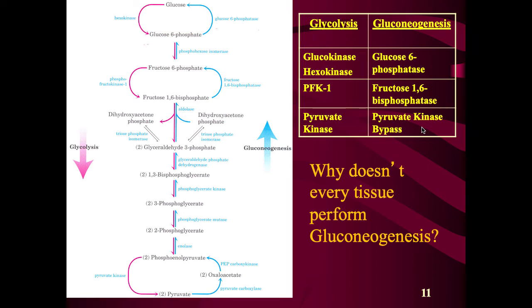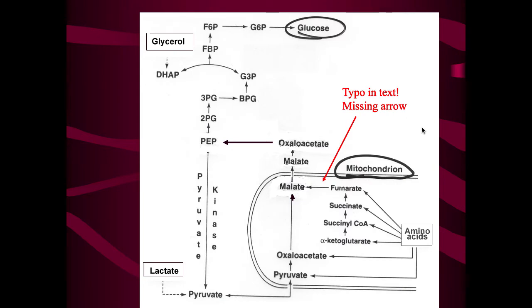So this is another way of looking at it, and this also shows our substrate. Here's lactate, which reverses to pyruvate. But now we have pyruvate, so what do we have to do? Pyruvate kinase bypass. And this is a really good visual. Pyruvate has to go into the mitochondria. There are enzymes in the mitochondria that allow it to go back to malate.